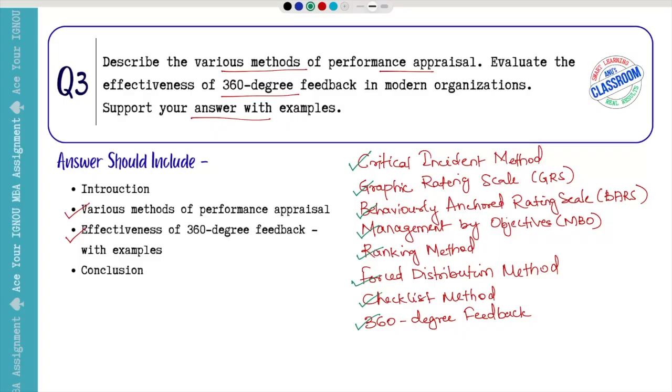All of these performance appraisal methods are there in an HR's toolkit. Now, each method that we've seen has its advantages and disadvantages.